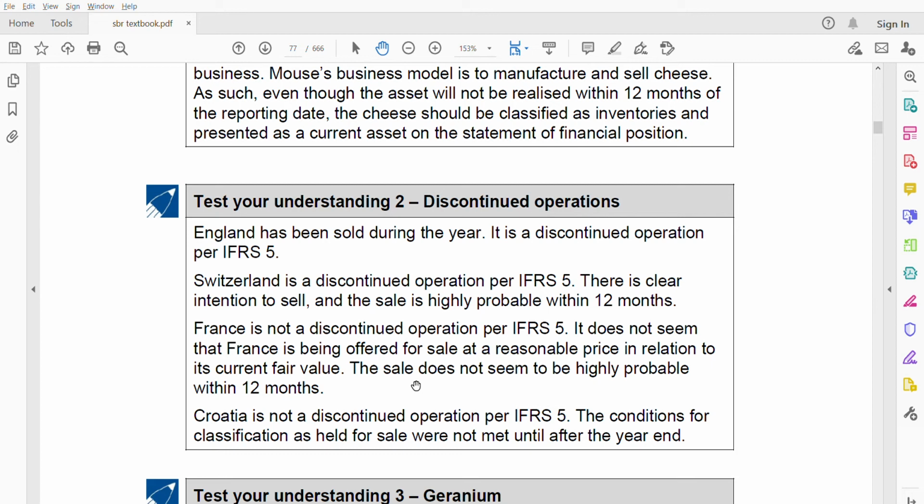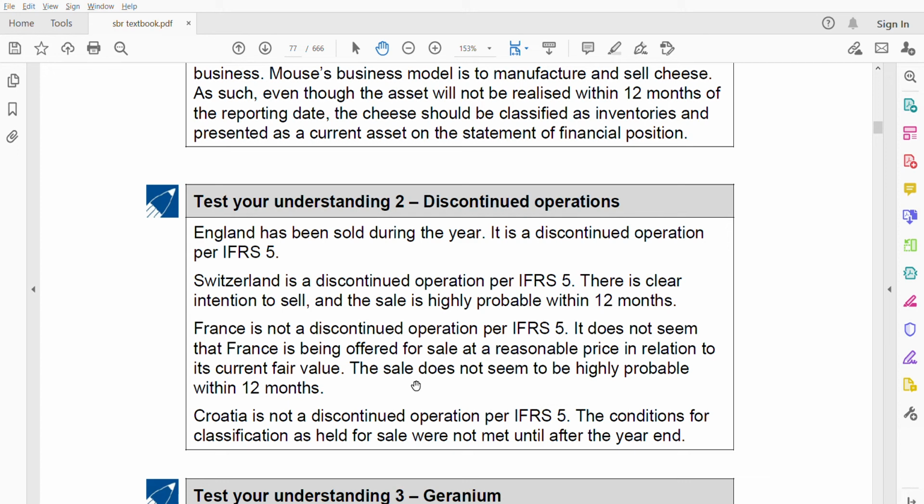Now the last one. On 10 July 2004, an announcement was made that another subsidiary, Croatia, was for sale. It was sold on 10 September 2004. Oh, sorry, I forgot to mention the financial year end.